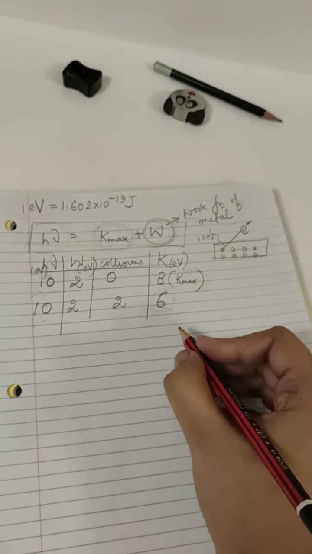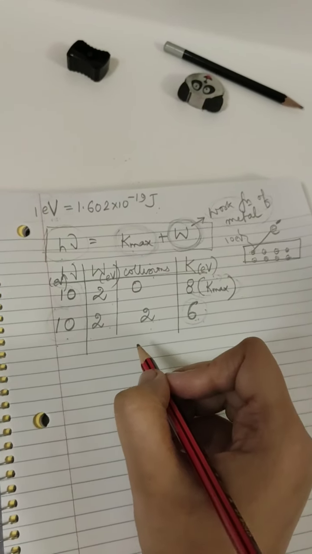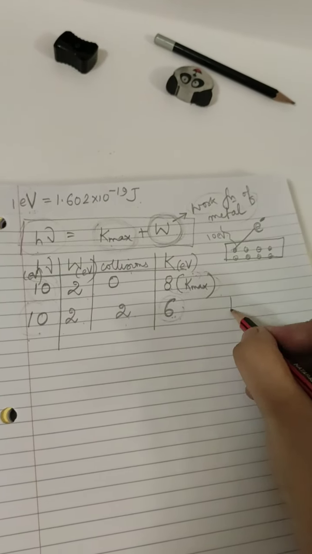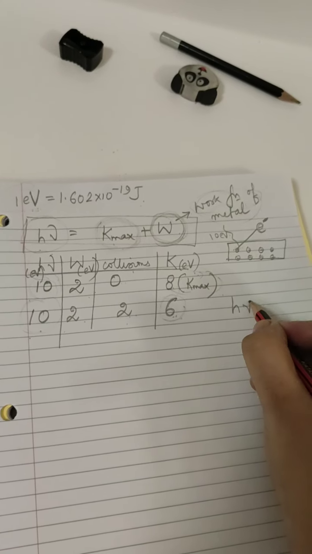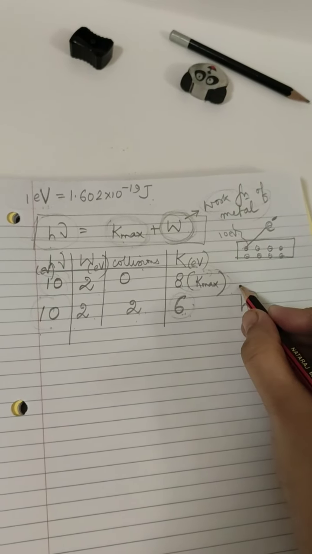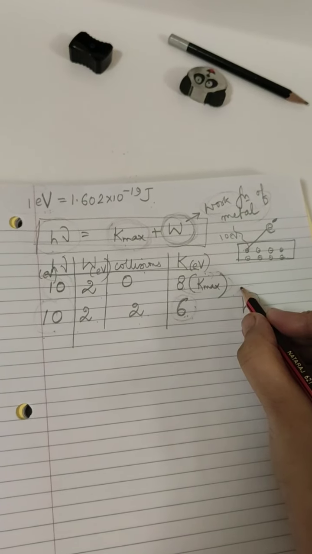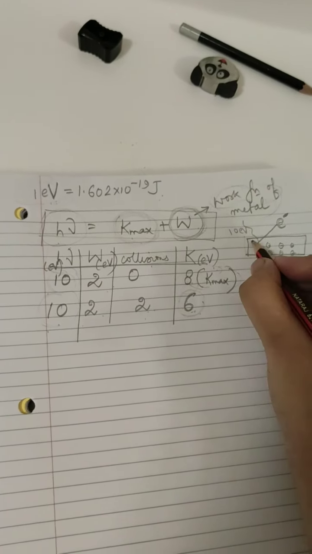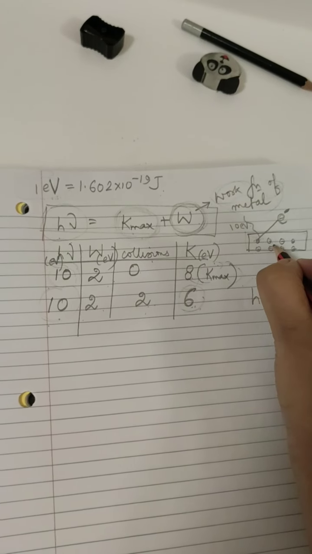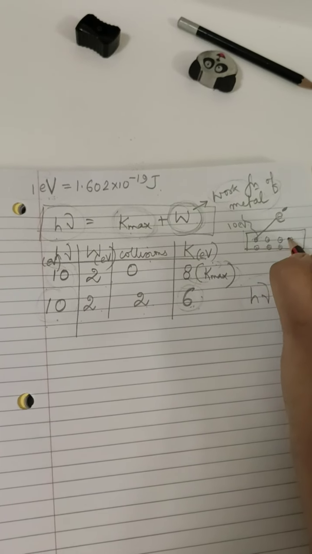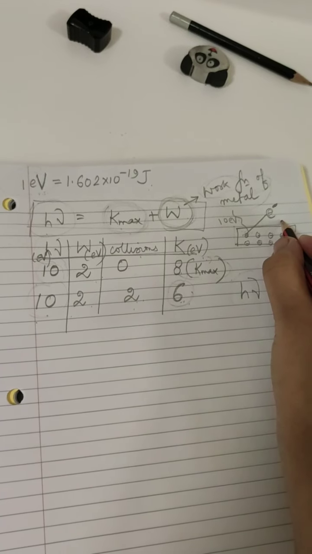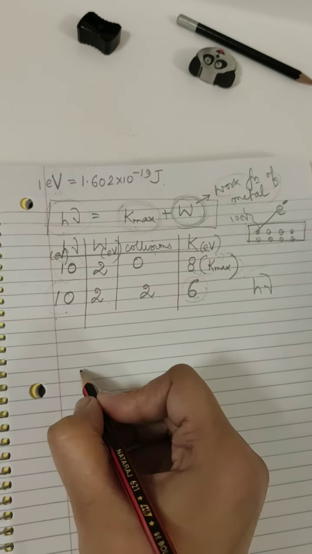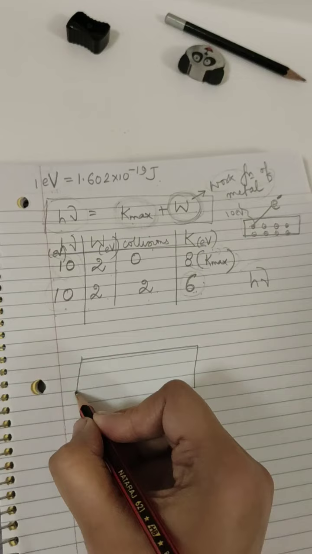Now try to understand, h nu, the energy of the photon, should be greater than the work function of the metal. Work function means the minimum amount of energy required to eject the electron from the metal surface. I'm again drawing the diagram.